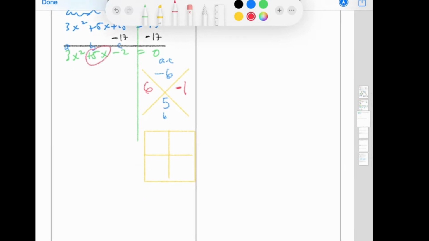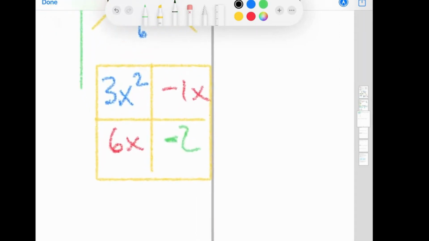So the 5x is 6x and negative 1x. This will always go right here. Always. 3x squared, top left, always. And negative 2 in the bottom right. Always. Whoops.